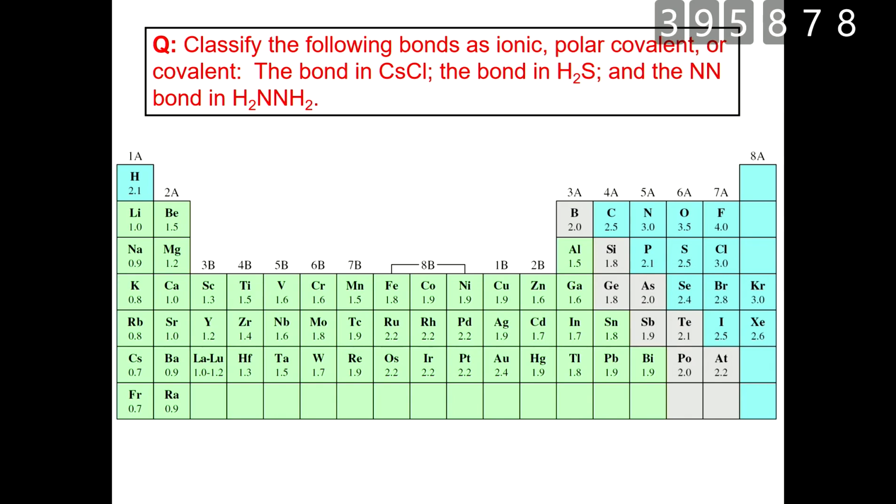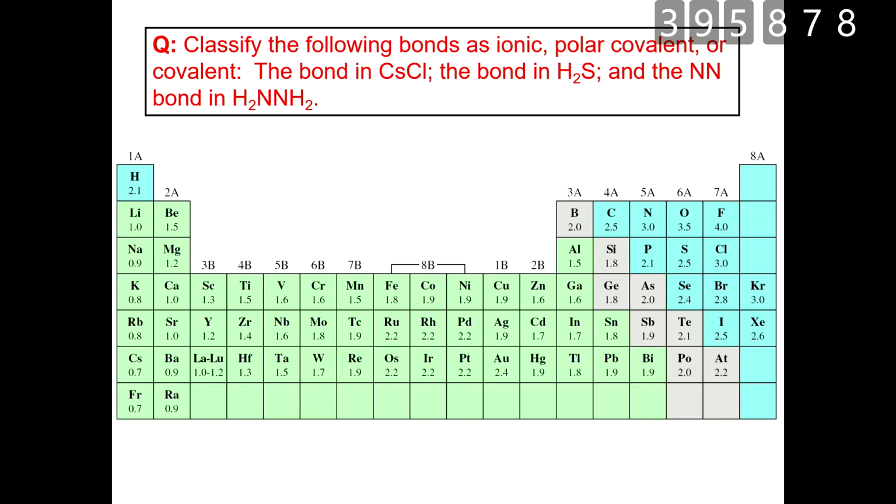Okay, the first one, CsCl. First you need to know the difference of their electronegativities. What's Cs? 0.7. And what is chlorine? 3.